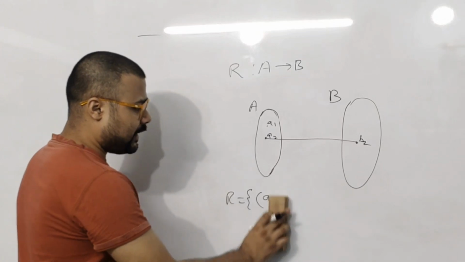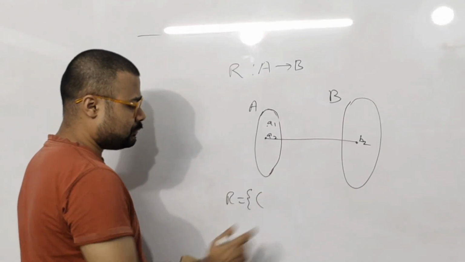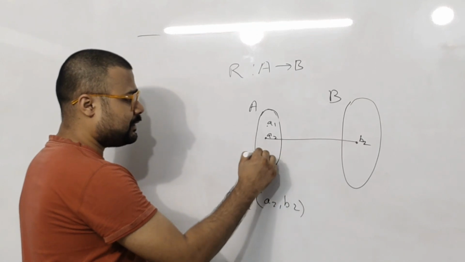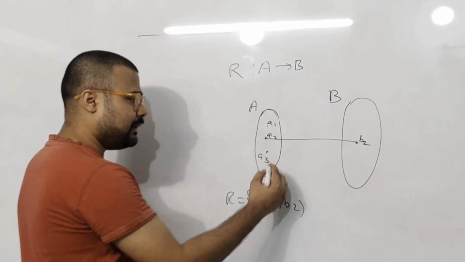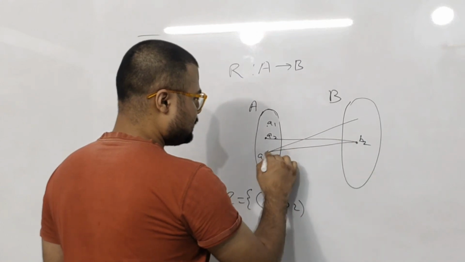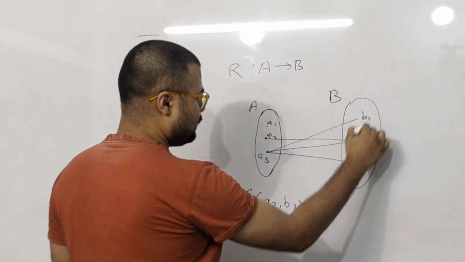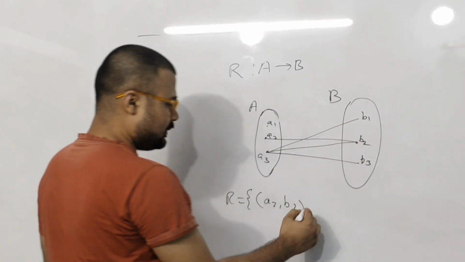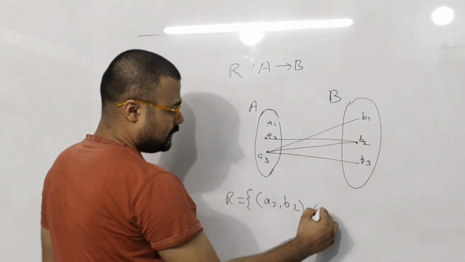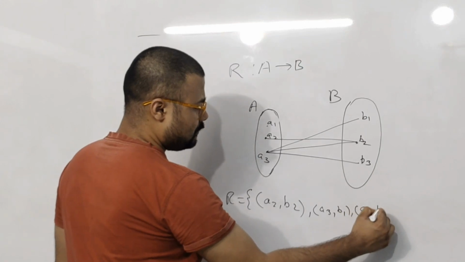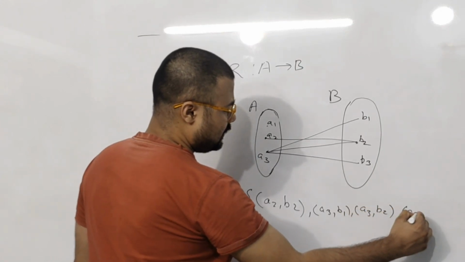Then we have an ordered pair like (A2, B2). And let's say you have an element A3, which may be mapped to multiple elements, B1, B2, B3. Then this will contribute (A3, B1), (A3, B2), (A3, B3).